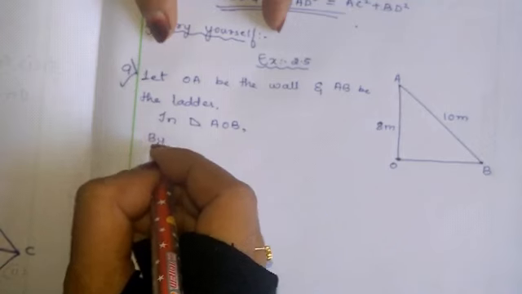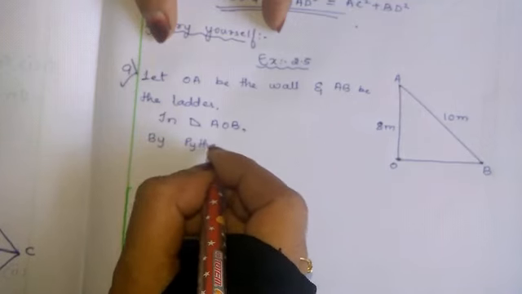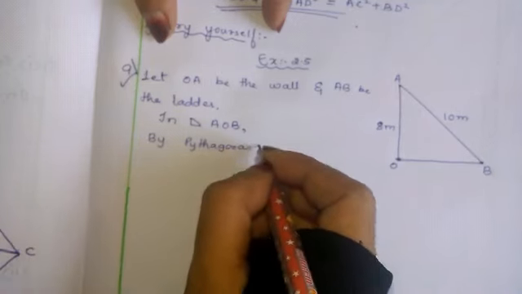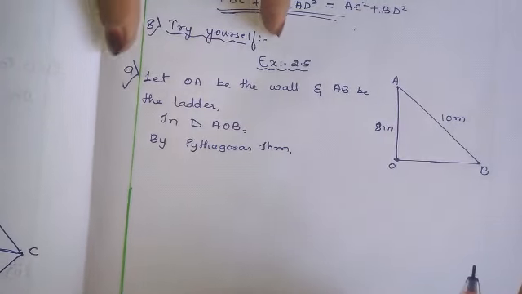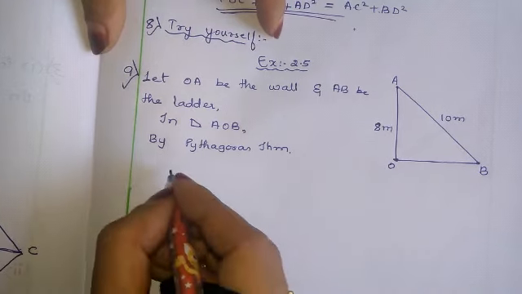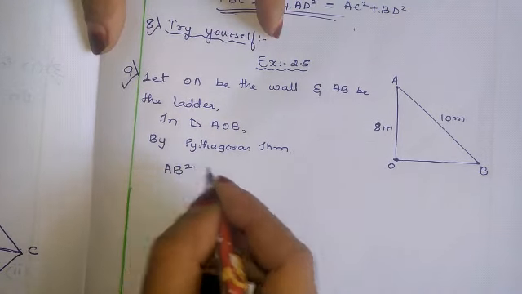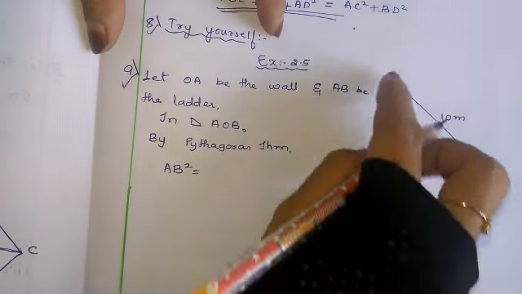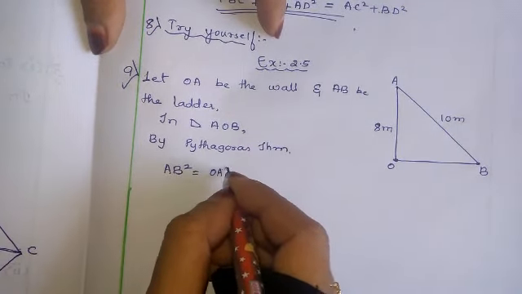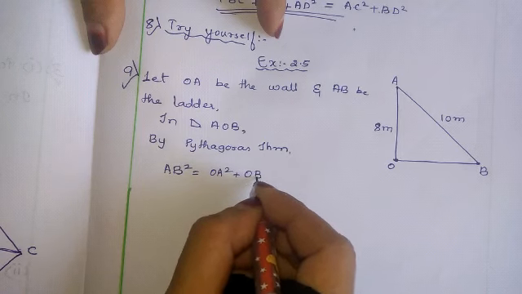by Pythagoras theorem, this is 90 degree, opposite is the hypotenuse, so AB square is equals to OA square plus OB square.